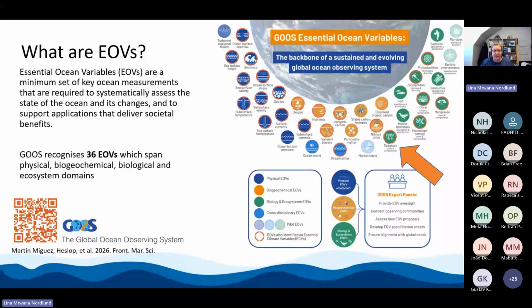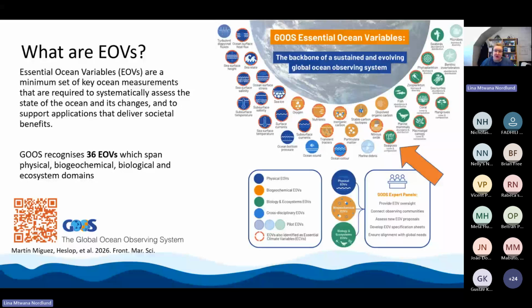These EOVs, or essential ocean variables, are a minimum set of key ocean measurements that are required to systematically assess the state of the ocean. They have been selected on the basis that they can be very informative to understand our oceans. We have 36 essential ocean variables, and one of them is seagrass.